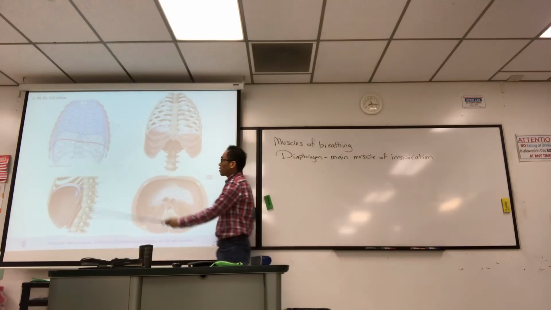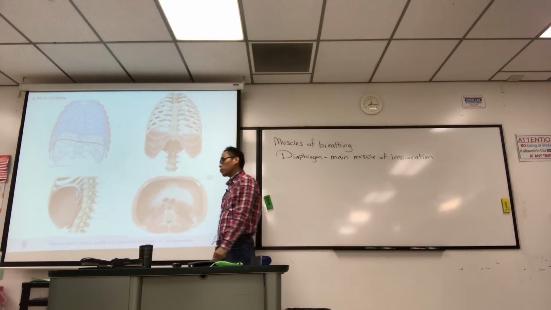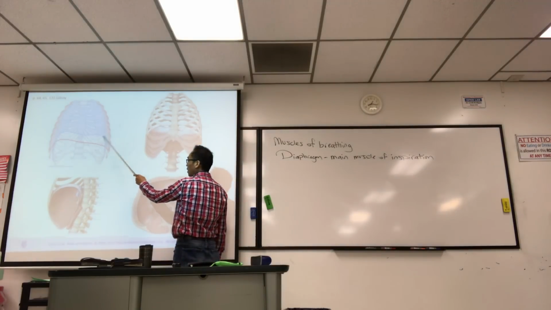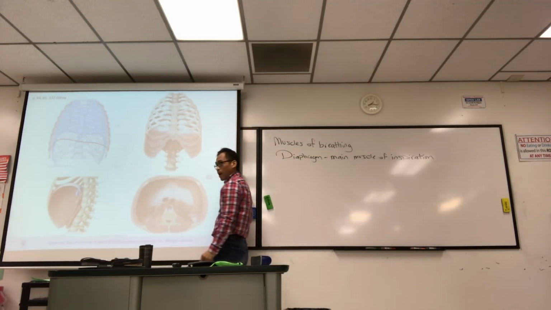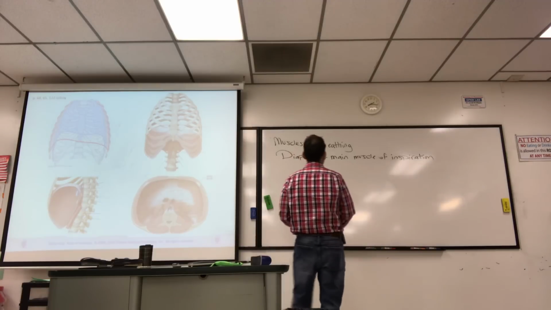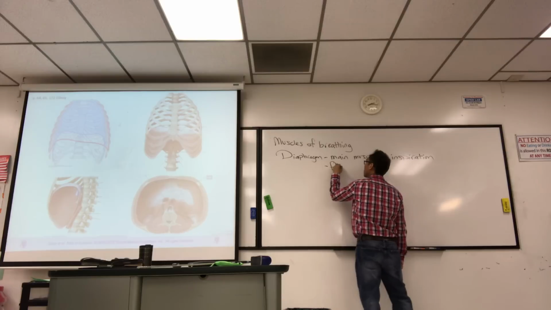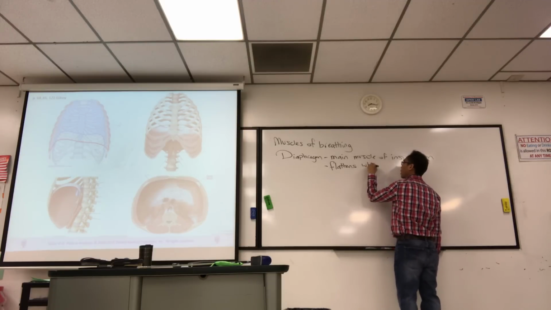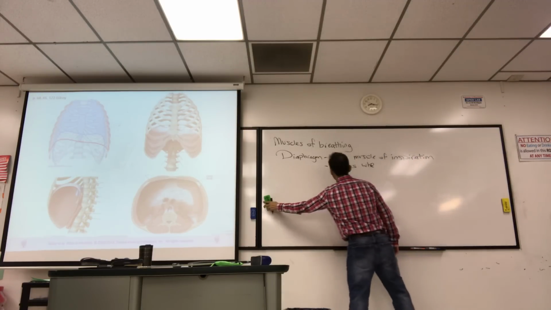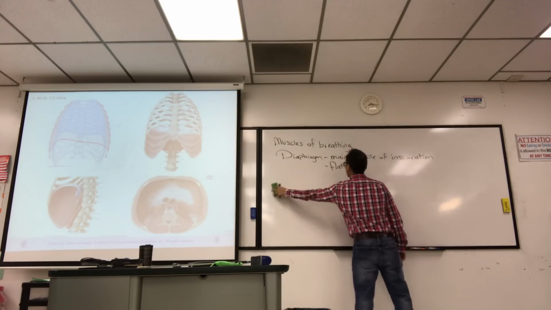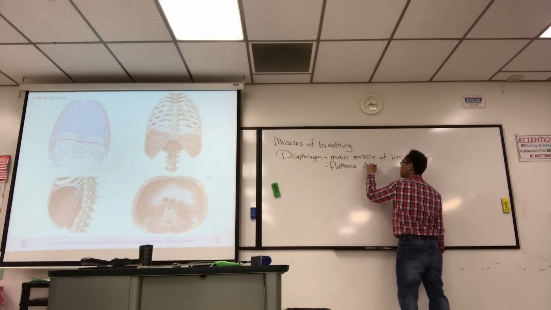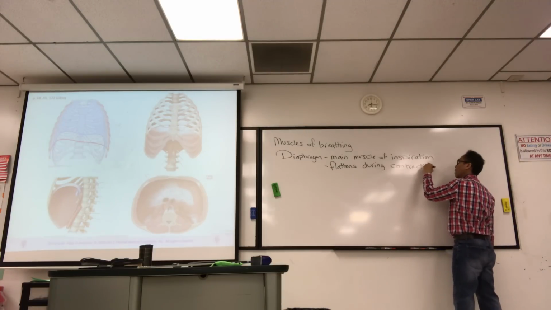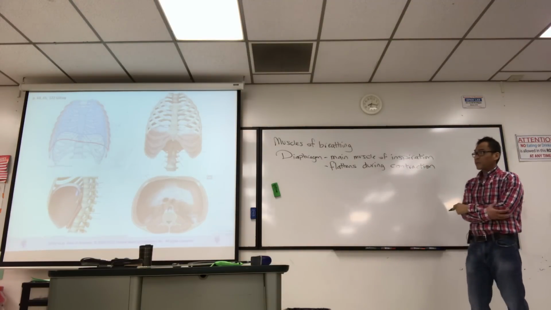The picture here shows you contracted and relaxed. When the muscle is relaxed, that's the blue. It's more domey. The muscle flattens as it contracts, during contraction, while on the top left, the red.